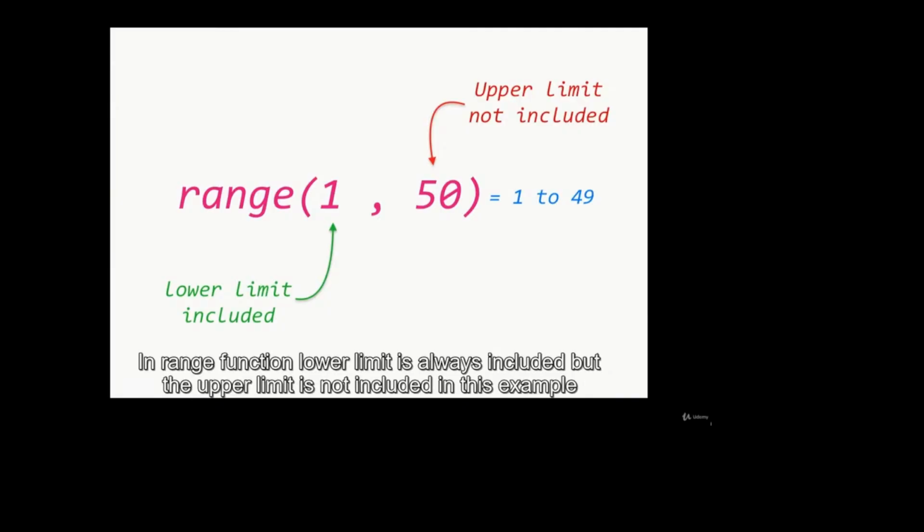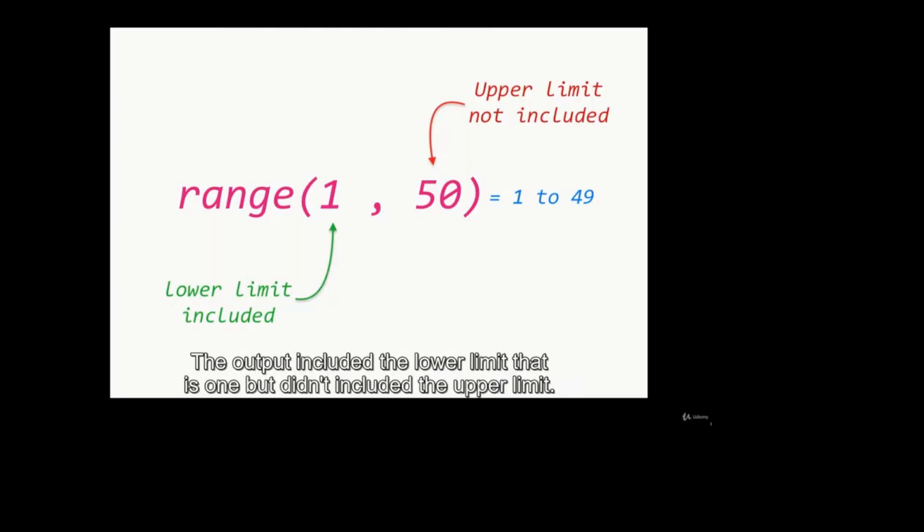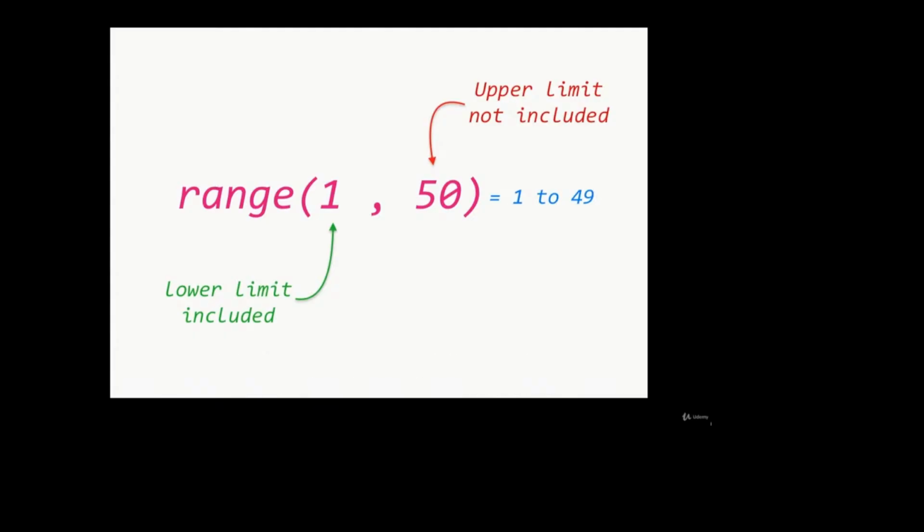In this example, where we have specified 1 as the lower limit and 50 as the upper limit, the output is from 1 to 49. The output included the lower limit, that is 1, but didn't include the upper limit, that was 50.